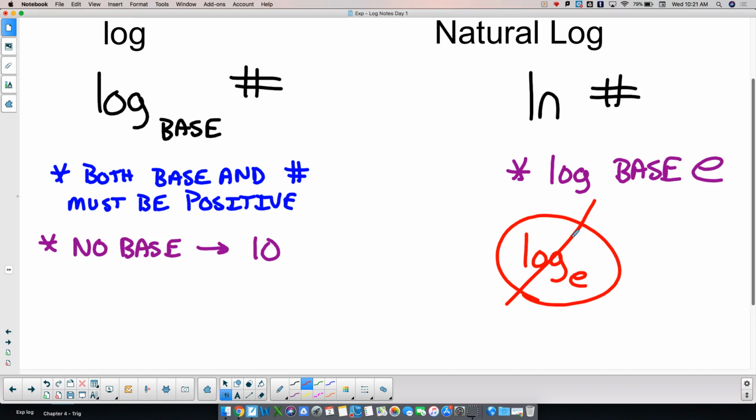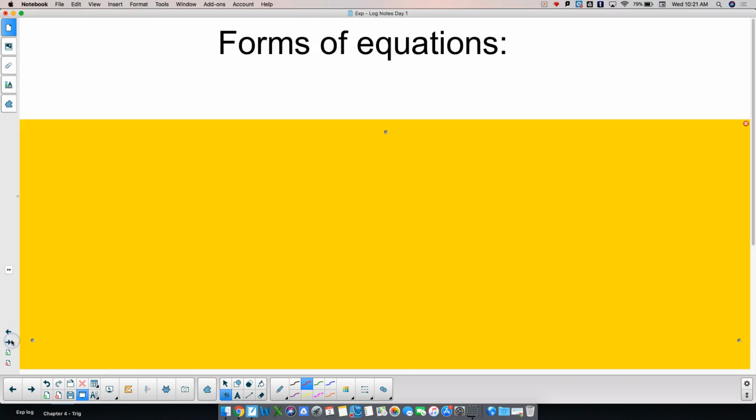So, our first property, or forms, whatever you want to call it. The first of the 5 things that you need to take away from today. I put it first because it's the most important one.